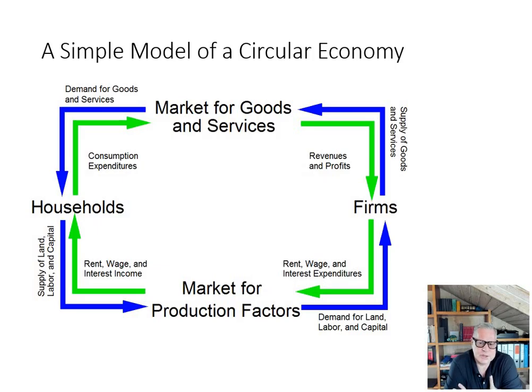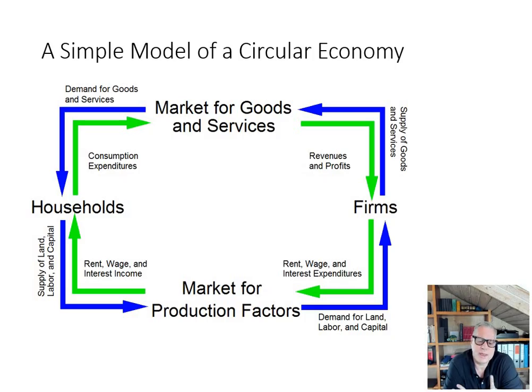So that essentially describes the blue arrow, which is a circular flow of the real sector of the economy. And it starts with land, labor, and capital, which are being demanded by the firms in order to produce goods and services, which in turn demand the households. So now let's move to the green arrows and start again with the households.